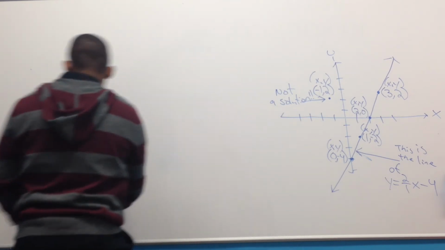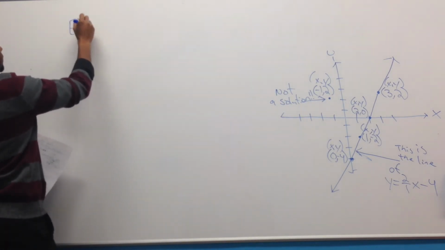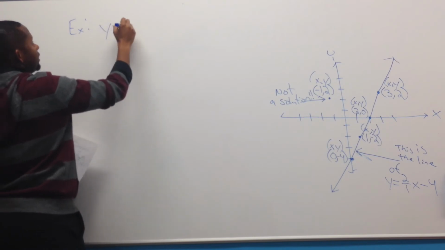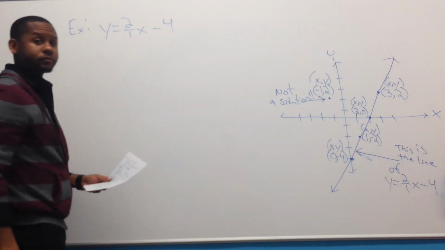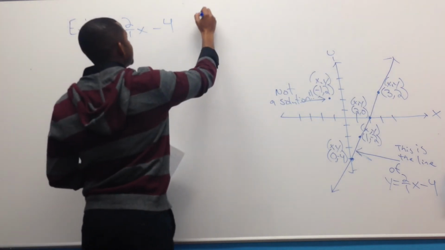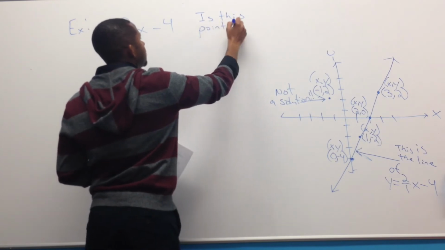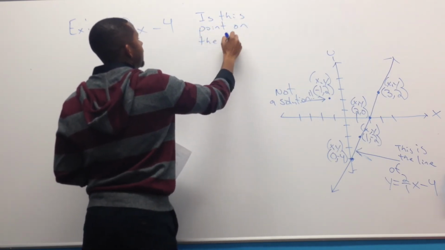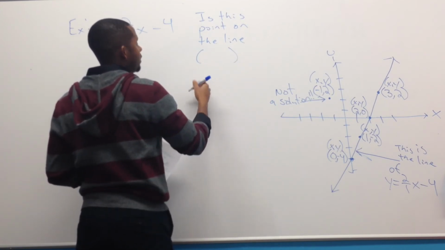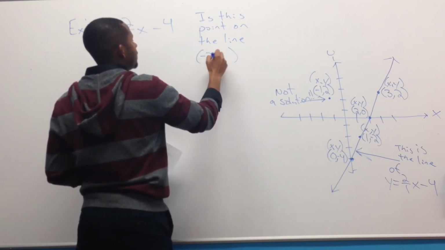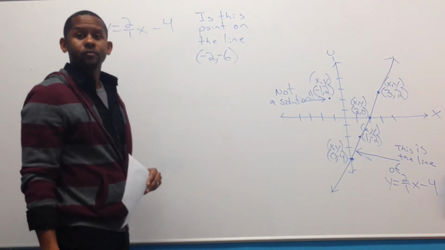Okay? So, here's an equation. So an example of this, here's an equation. y equals 2 over 1x minus 4. And I ask you, is this point on the line? And the point is -2, -6.